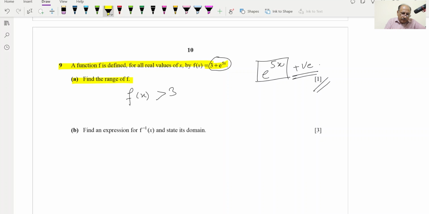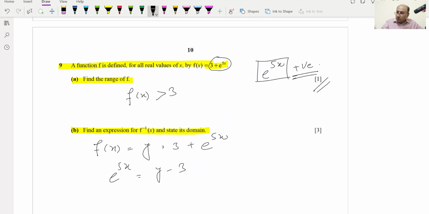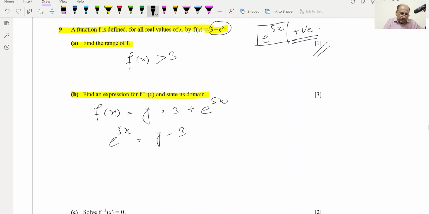Then for the second part, B part, find an expression for f inverse of x and state its domain. So f of x is equal to y, and we can write 3 plus e raised to 5x. Now we need to find the inverse. For the inverse, we make x the subject and then swap. So e raised to 5x will be equal to y minus 3, and to get rid of this e, we can take log.